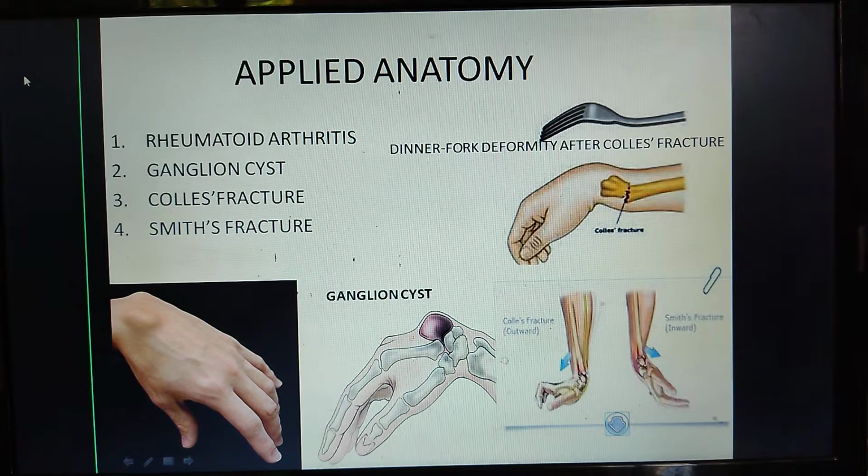Now, what is a ganglion cyst? First of all, it is a benign lump or swelling, and it is formed by extension of the synovial sheath from a joint or a covering of a tendon, and it is filled with a mucin-like fluid which is much similar to the synovial fluid, and it is more common in women.